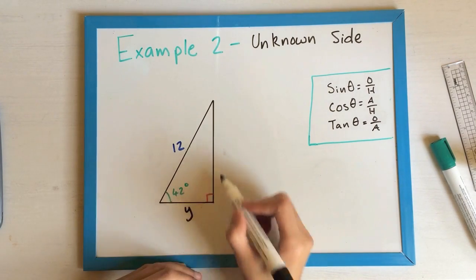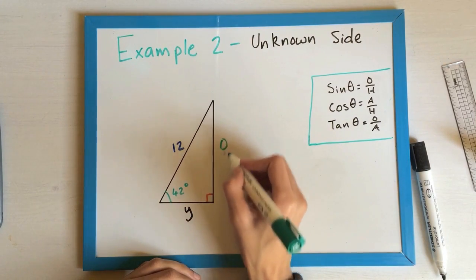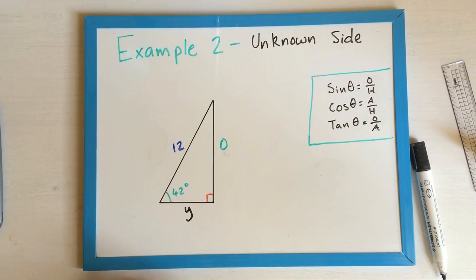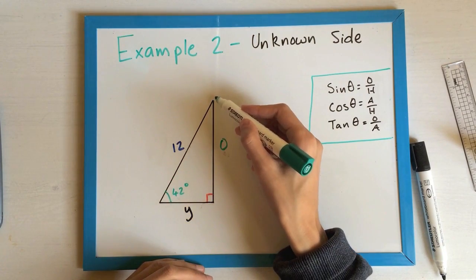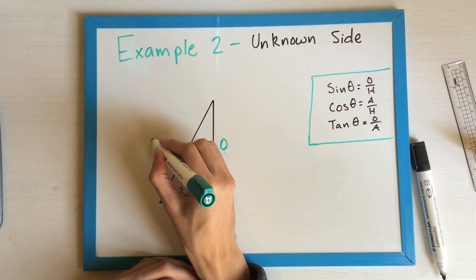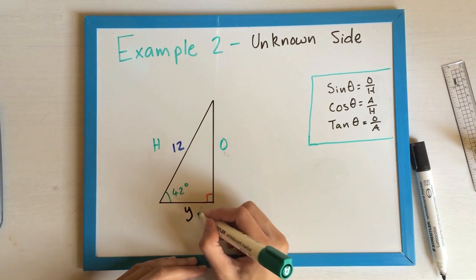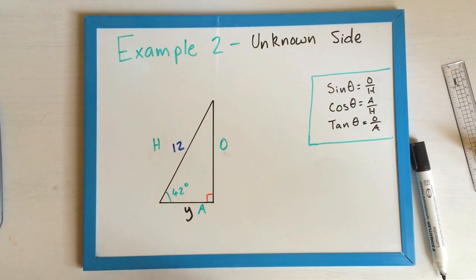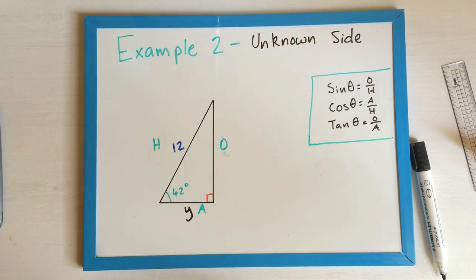So the side opposite our angle is our opposite. The side opposite the right angle and also the longest side is the hypotenuse. The last side, which is y, is the adjacent. So we're looking for the adjacent side.